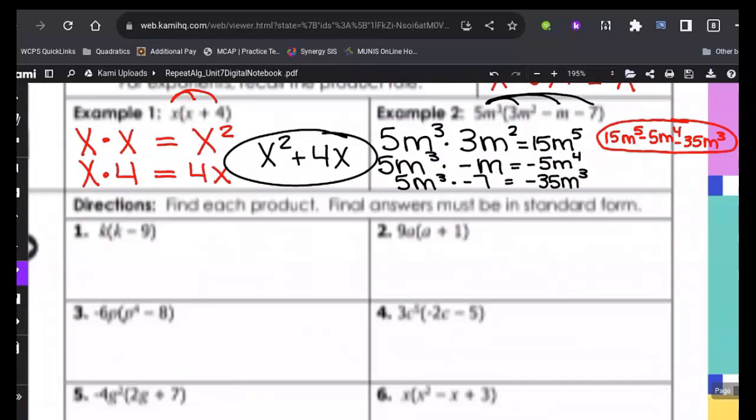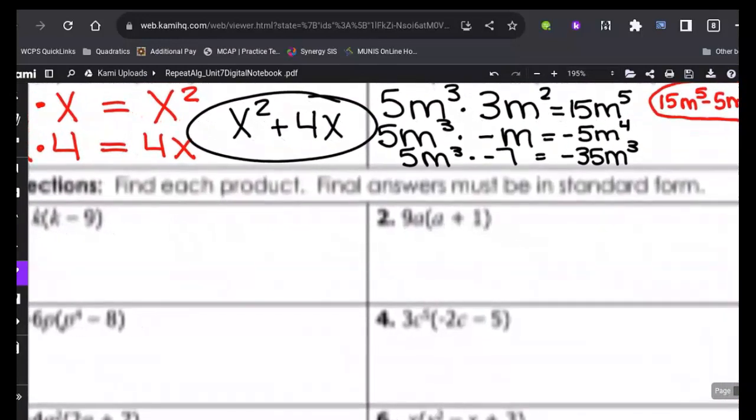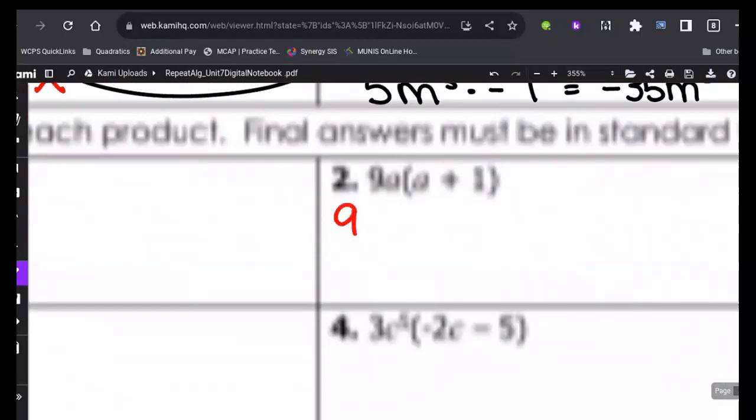All right, so we're going to go ahead and look at number 2. So number 2, we're going to find each product. Final answers must be in standard form. So we have 9a times a plus 1. So we're going to distribute the 9a to both terms, and then we'll do 9a times 1.